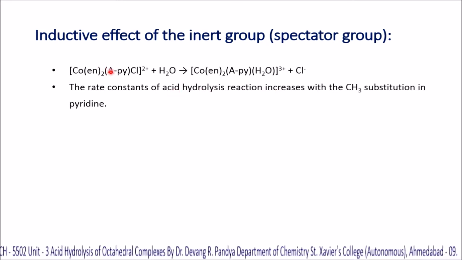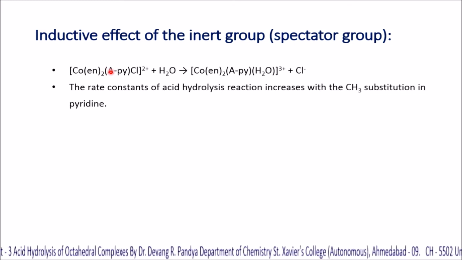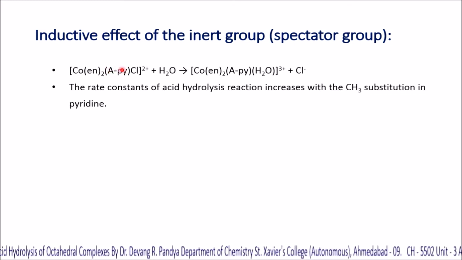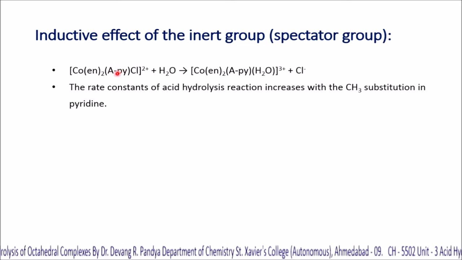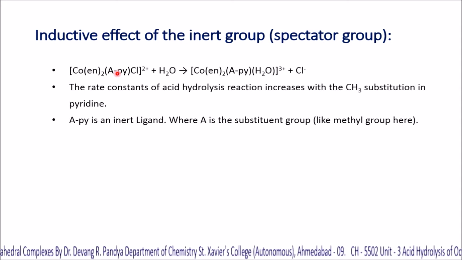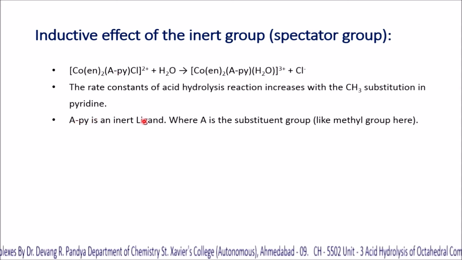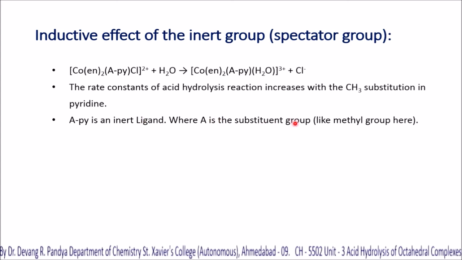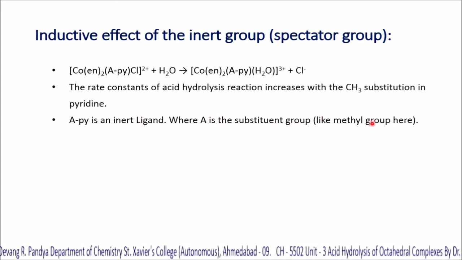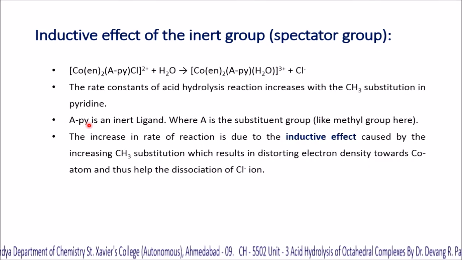If instead of A we put one methyl group, the rate of reaction is increased a little bit. If I put 2 methyl groups over here, the rate of reaction increases even more than the previous one. So that way the rate of reaction increases. A substituted pyridine is an inert ligand, where A is the substituent group like a methyl group, so that is monomethyl pyridine.